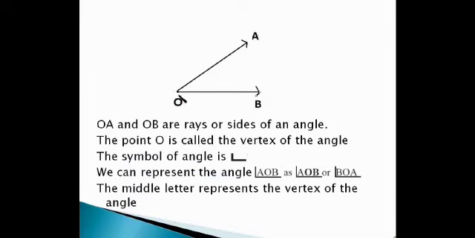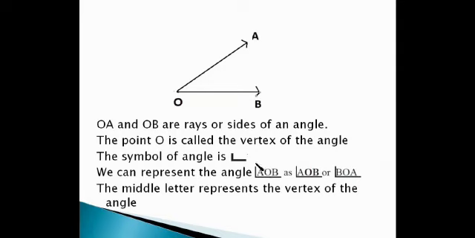Here you can see AO and BO are the rays or sides of an angle. The point O is called the vertex of the angle. And the symbol of angle is a shape like an L, but the horizontal line will be a little bigger.